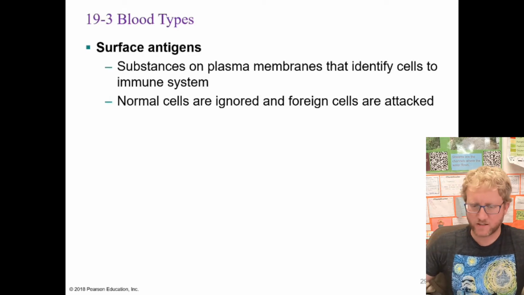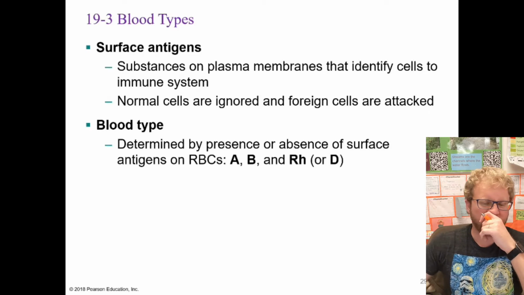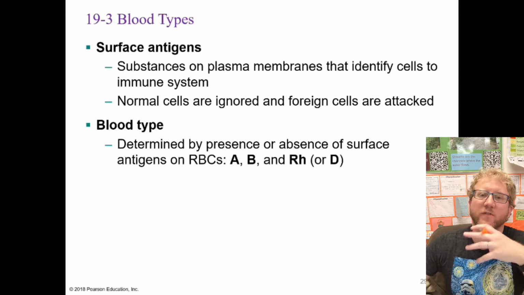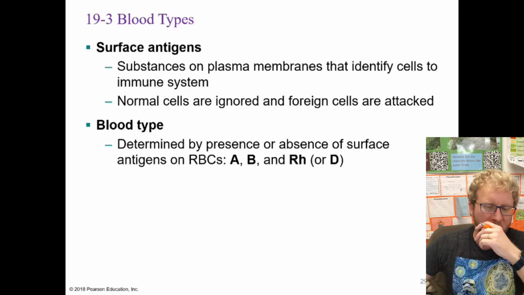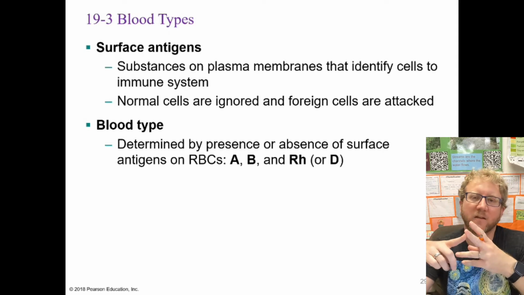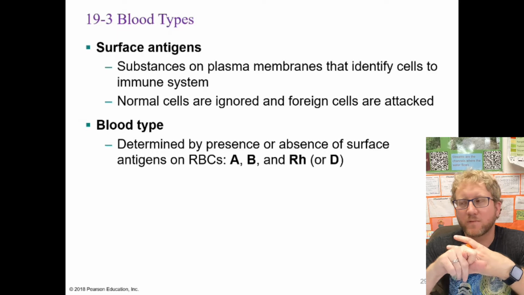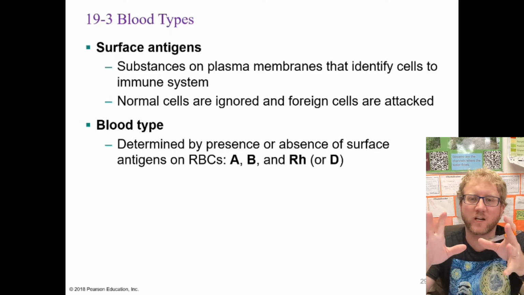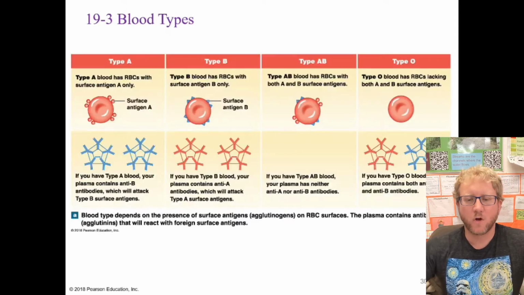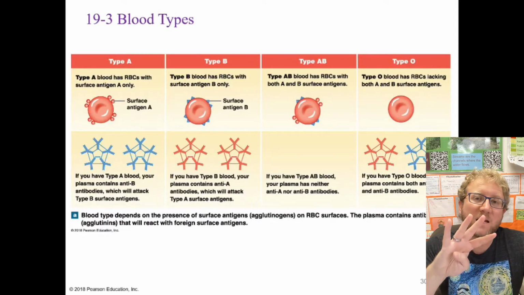Your blood type is determined by the antigens that are present or absent on the surfaces of your red blood cells. Now, there are 3 antigens, A, B, and something called Rh. It's maybe also referred to as D. We're going to use Rh in this particular setup. And so we end up with 4 main blood types.